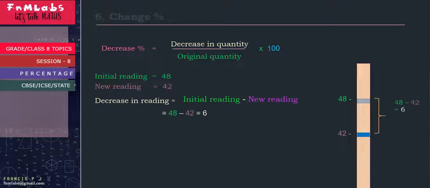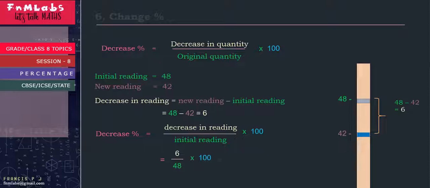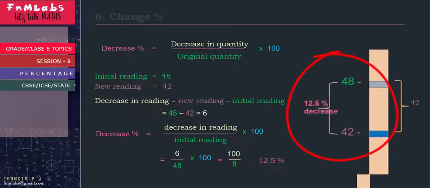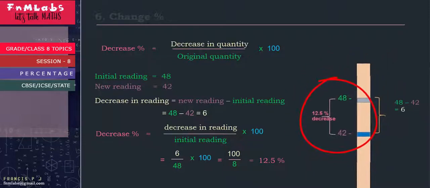Decrease in the temperature is initial reading minus new reading, which is 6. So the decrease percentage is decrease in reading divided by initial reading times 100, which is equal to 6 by 48 times 100. That is equal to 12.5%.